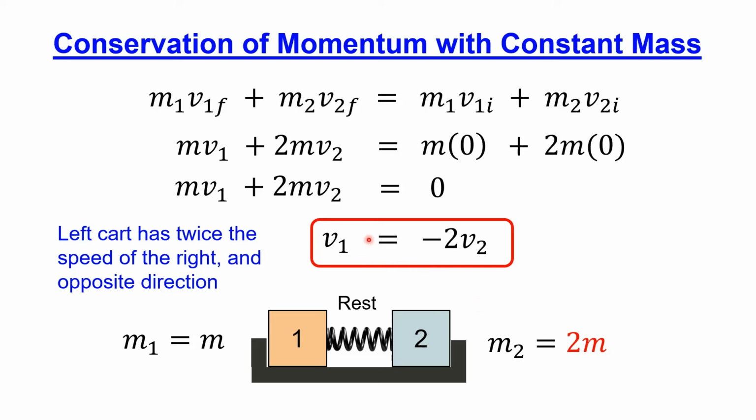Now I want to point out that these add up to be 0 only because momentum has vector properties. Normally when you add two numbers together, if they're both positive, there's no way you're ever going to get a 0. So that's why hidden inside these velocity vectors is direction. We can actually add those together to give us 0.